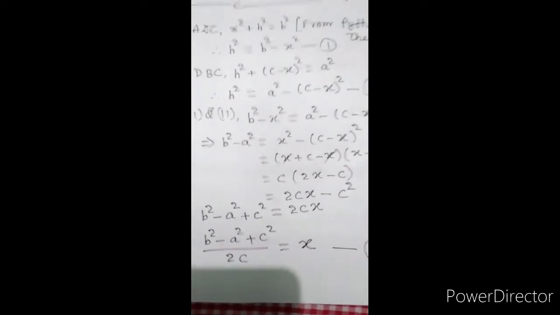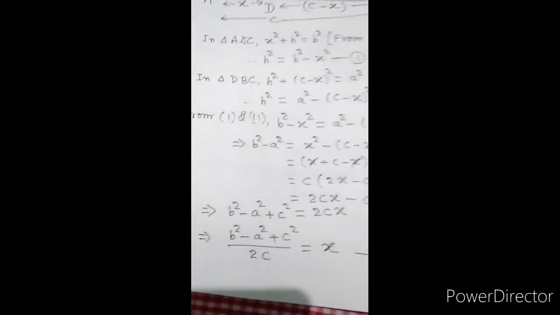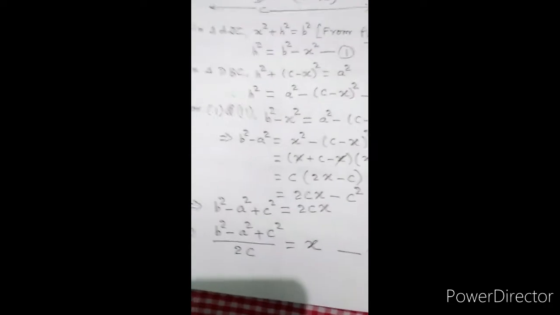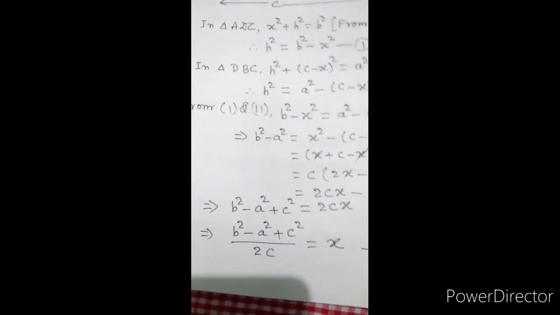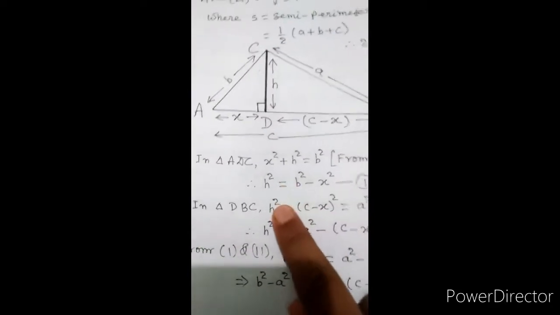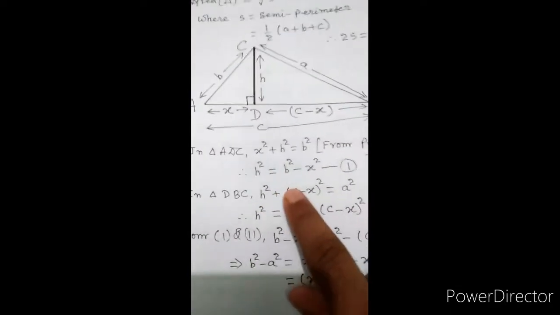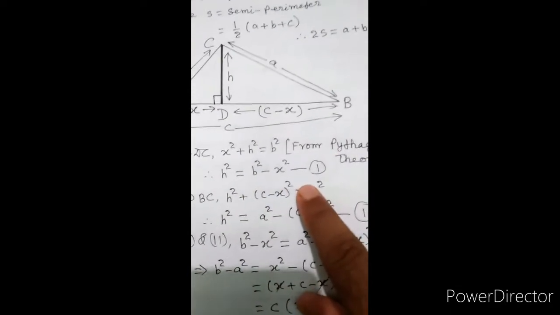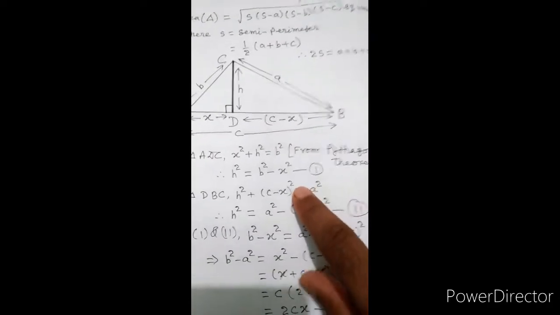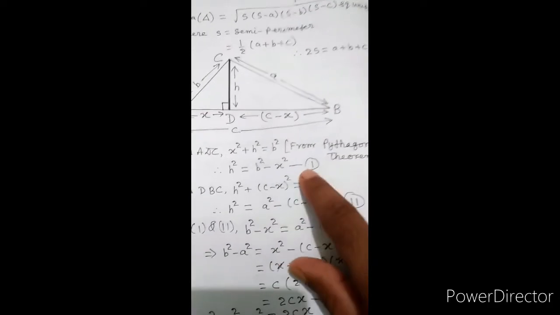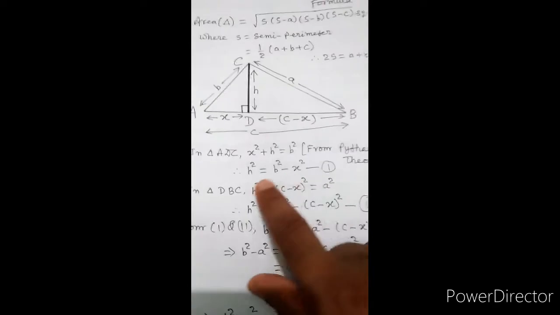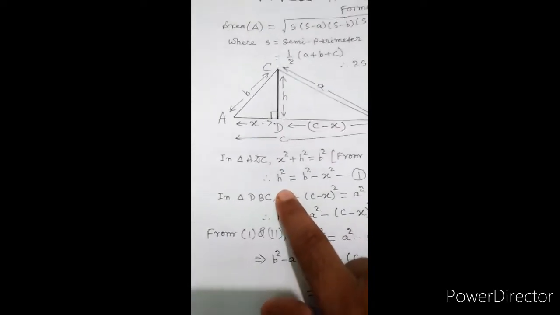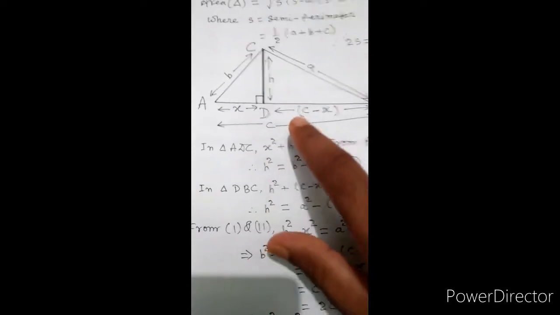Suppose this is equation number 3, and we have to put the value of this x in equation number 1, that is h square is equal to b square minus x square. When we put the value of x in this equation, then we get the value of h. In this way our establishment will be completed.